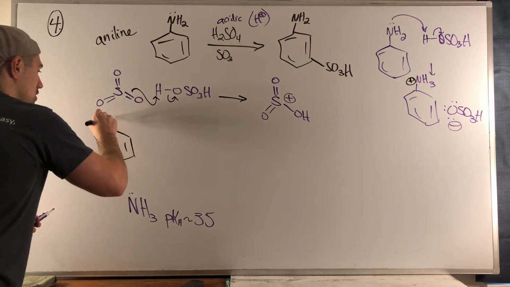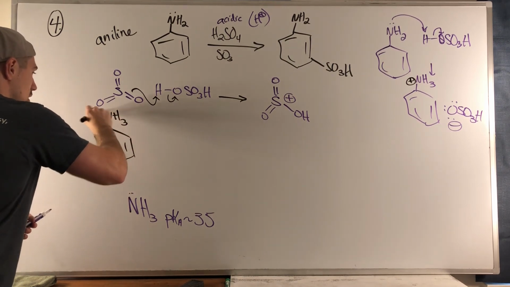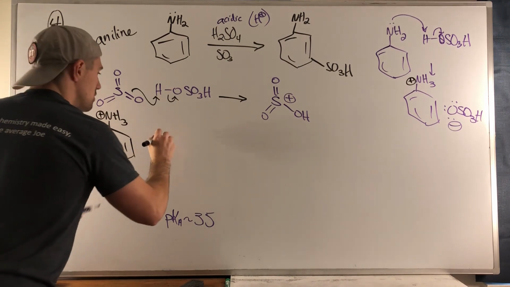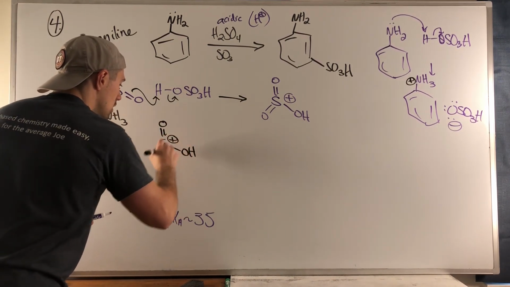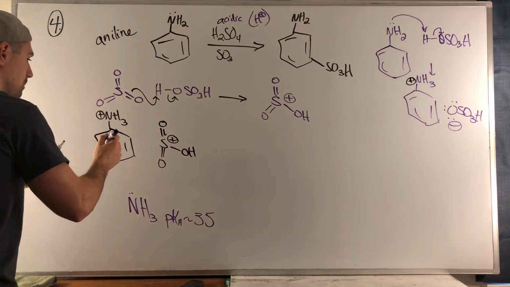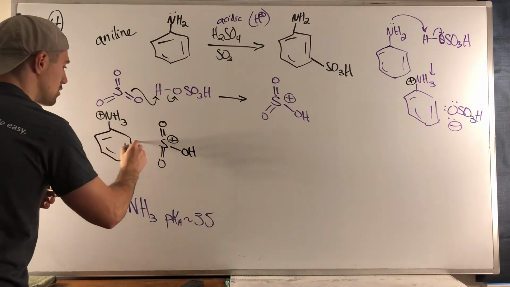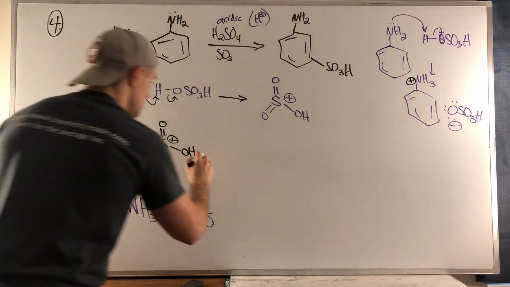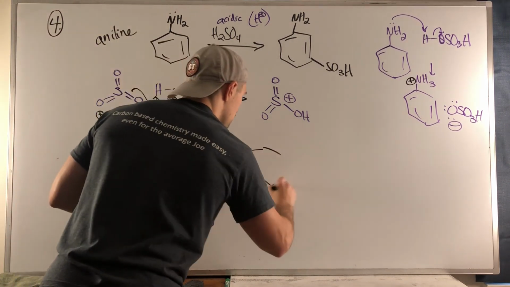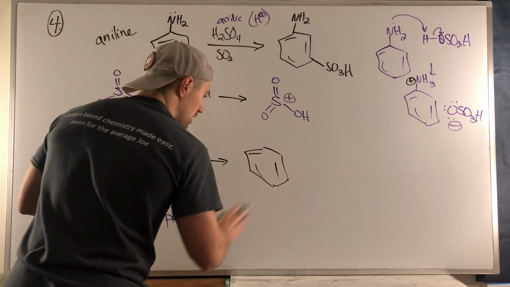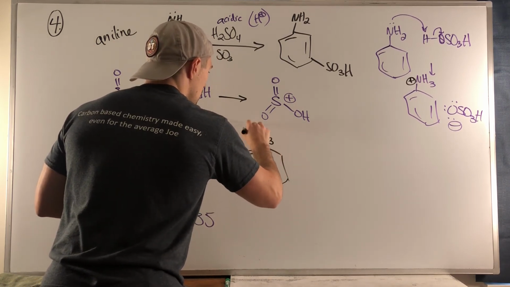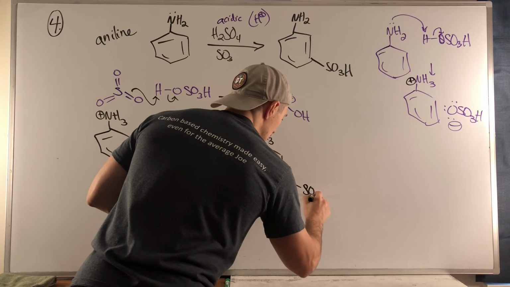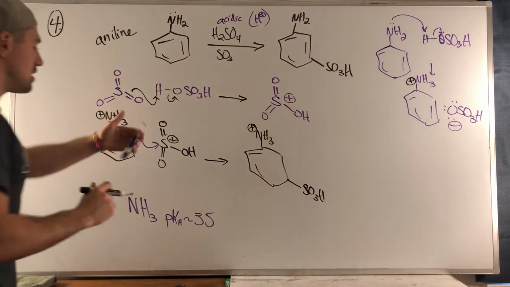So then we enter in this. I know I'm switching colors, I apologize. So I'll just do it all in one color down here now. Over here, I can just go ahead and grab the sulfur. Still have the NH3 up top. Now we have the SO3H down here. We didn't have to bounce any bonds or anything like that.